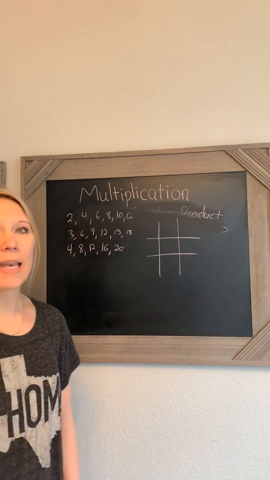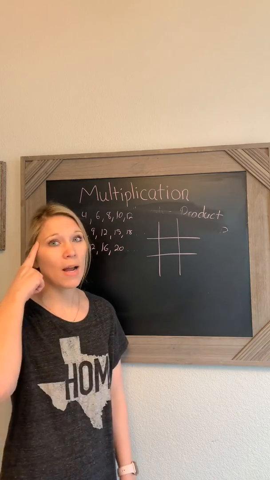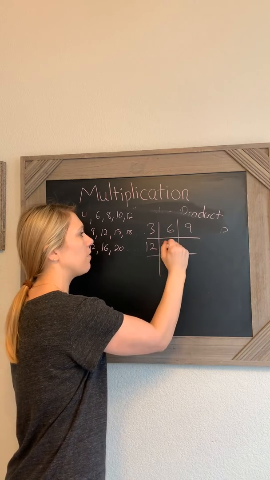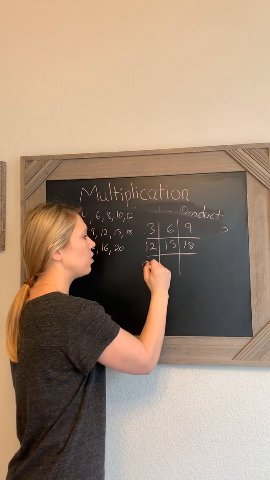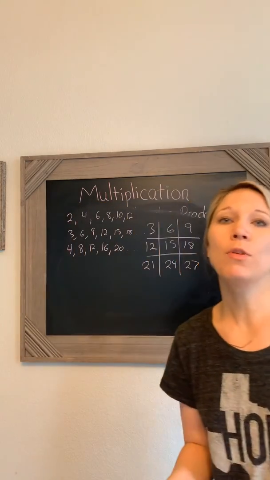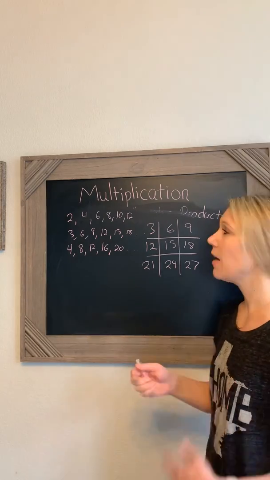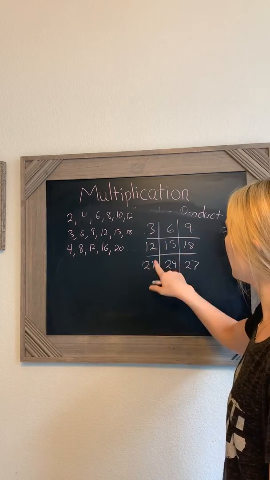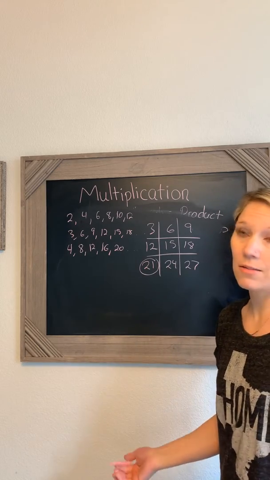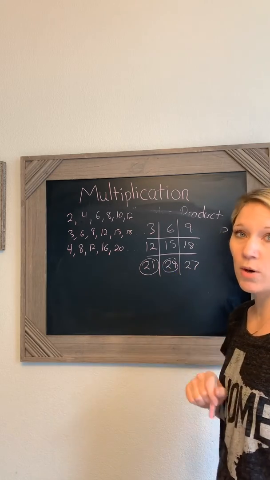Okay? Now there's 9 squares in a tic-tac-toe board. If you can memorize just counting by 3s, 3, 6, 9, 12, 15, 18, 21, 24, 27. So then when you see a multiplication problem such as 3 times 7, if you cannot remember 3 times 7, 1, 2, 3, 4, 5, 6, 7. 3 times 7 is 21. 3 times 8, 1, 2, 3, 4, 5, 6, 7, 8. 3 times 8 would be 24.